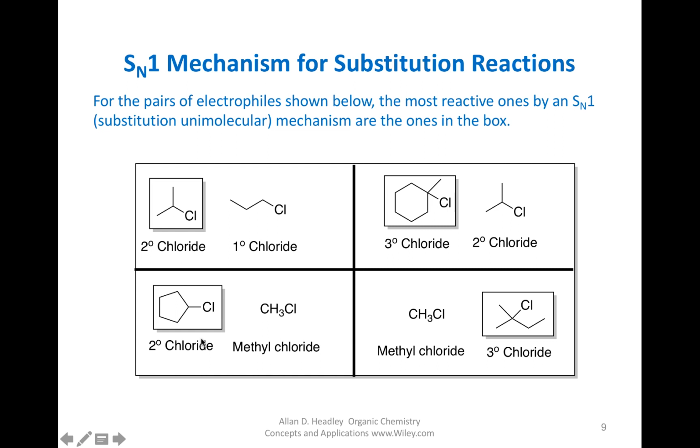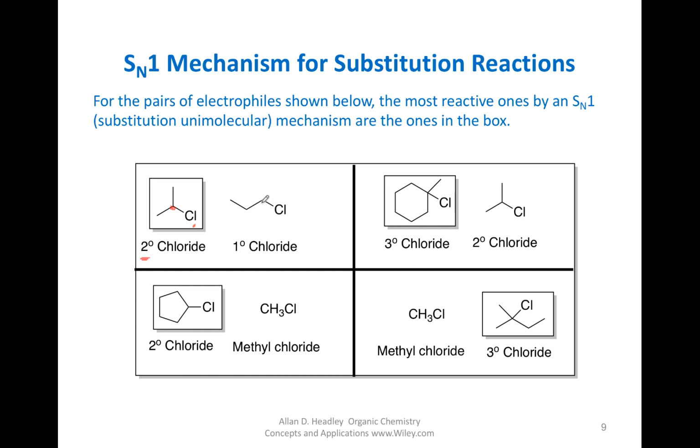Let us apply what we've just discussed. So comparing these pairs of electrophiles, which is more reactive? Here's the electrophile because it has a leaving group, and here's the electrophilic carbon. So this type electrophile is a secondary.